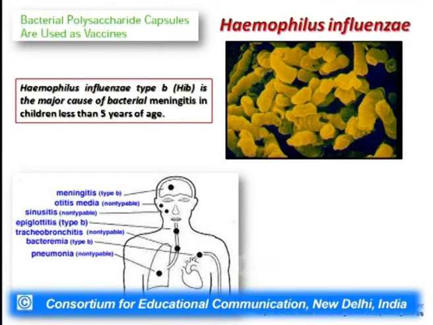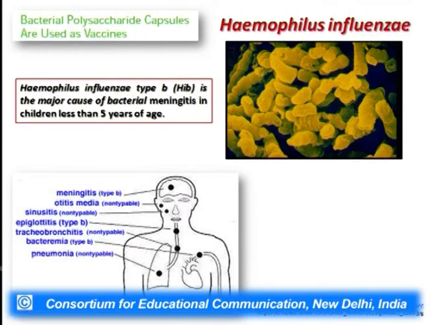Now, similarly for Haemophilus influenzae, as I just told you, the bacterial polysaccharide capsule is used as a vaccine. Hib, as it is commonly known, is the major cause of bacterial meningitis in children less than 5 years of age. Generally the capsule which is encompassing the bacteria is taken out.